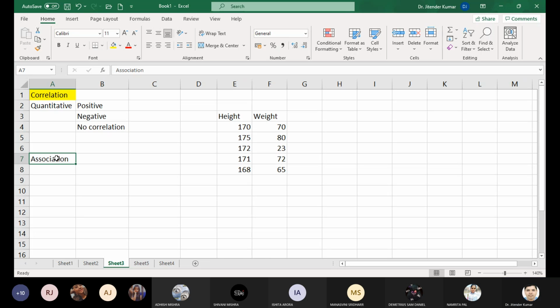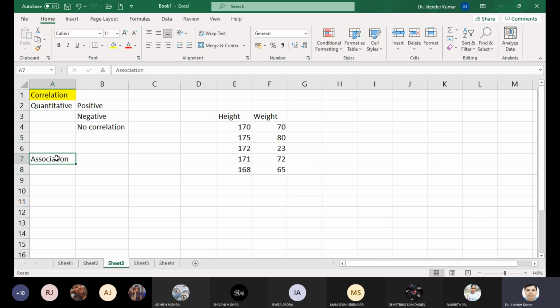Okay. So correlation is basically of two types. One is called positive correlation and one is called negative correlation. Positive correlation is when one variable goes in one direction, the other variable also goes in the same direction. If one increases, the other will also increase; if one decreases, the other will also decrease, right?